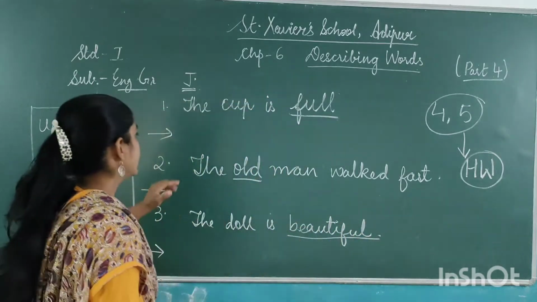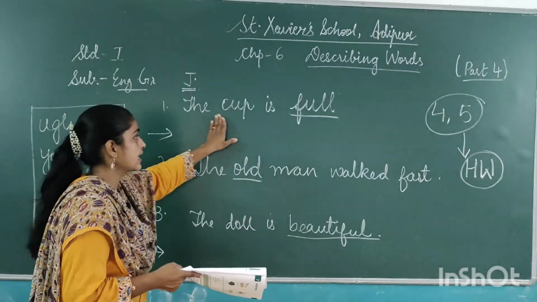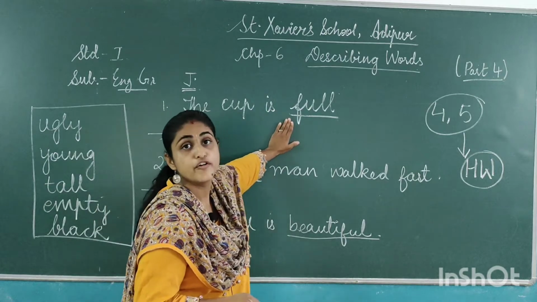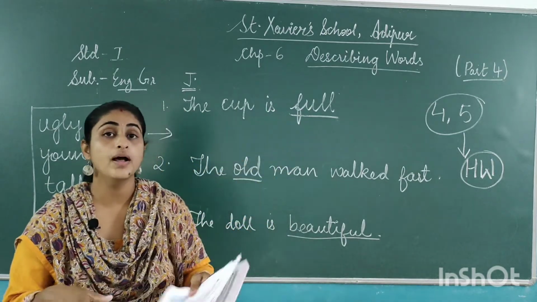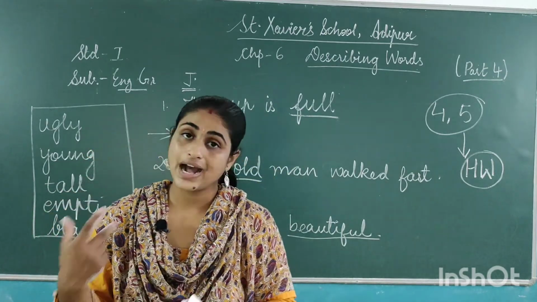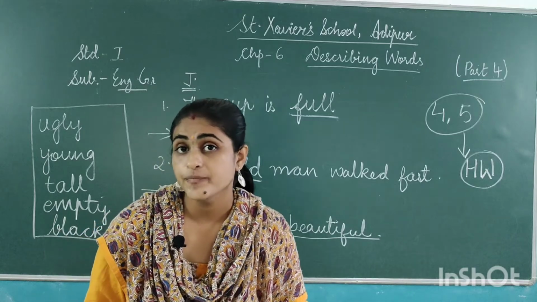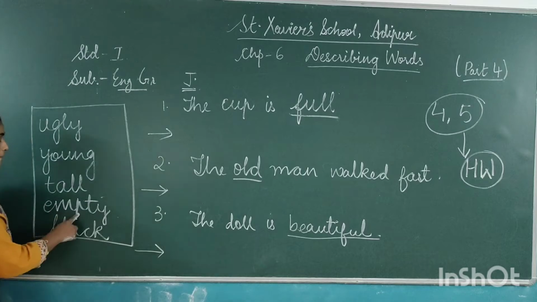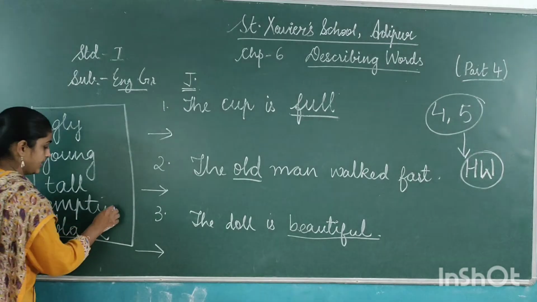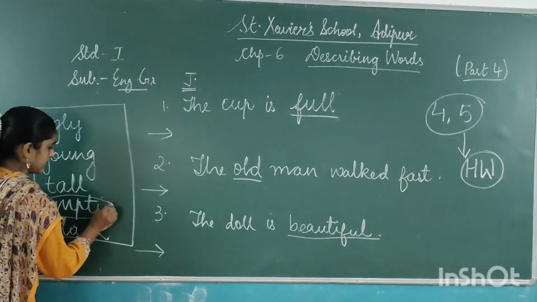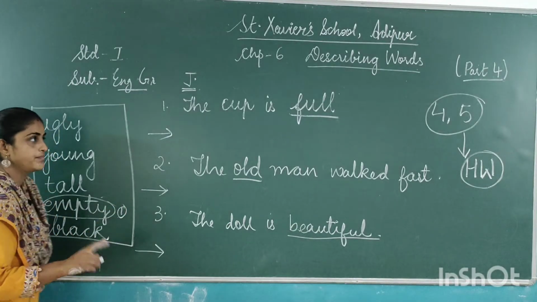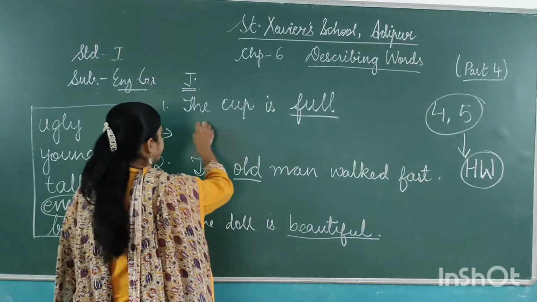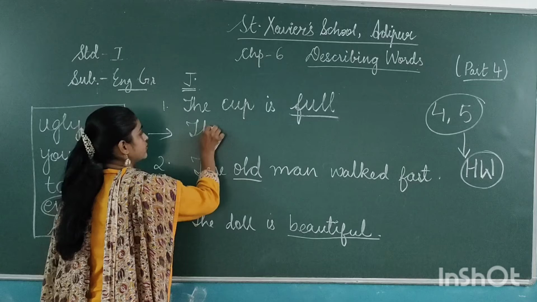Okay, so see the first one: the cup is full. Full means the cup is completely filled, so when it is not full, what will we call it? Empty. So here you can see EMPTY, empty. So here you will circle it and write number 1. So how are you going to write it here, children? You are going to write the full sentence.